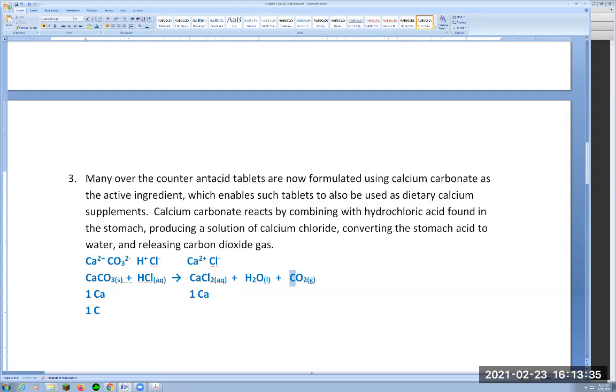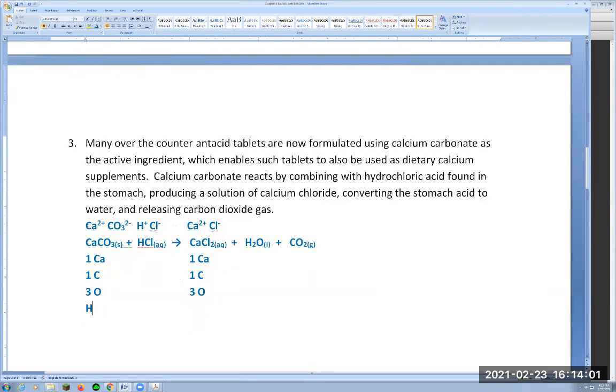There is 1 carbon also from the carbon dioxide. Oxygen, we have 3 oxygens on the left from the carbonate, and on the right we have 2 oxygens in the carbon dioxide plus 1 here, so that's also 3 oxygens on the right.